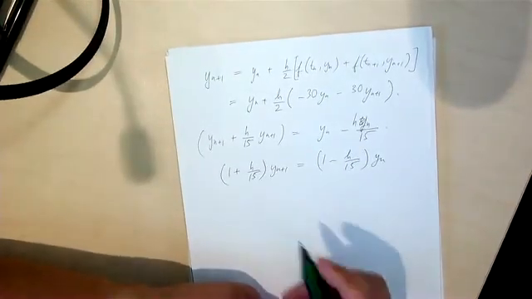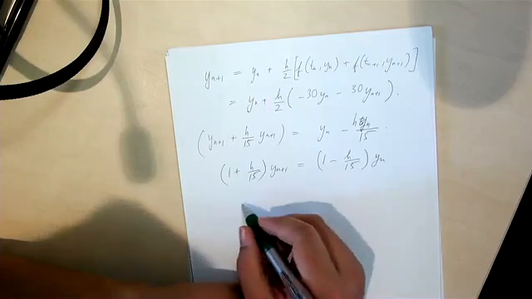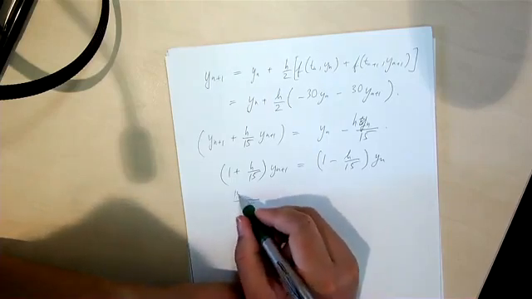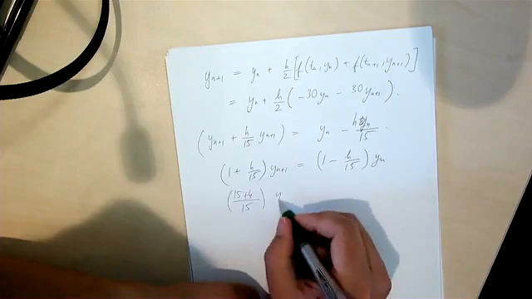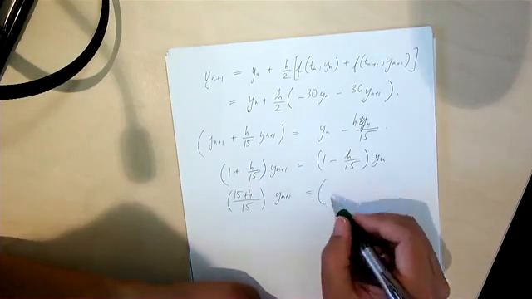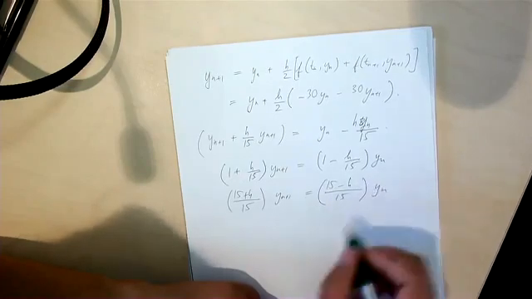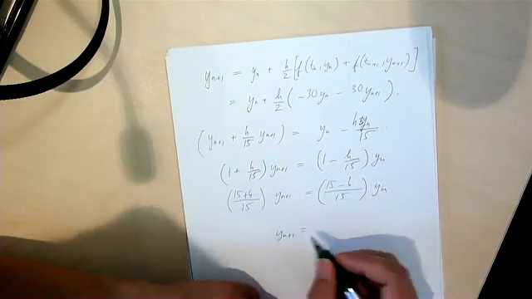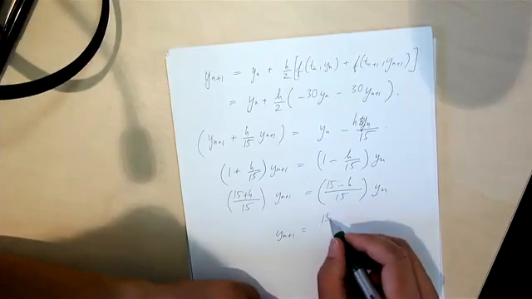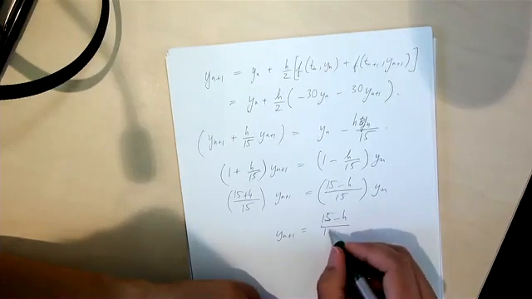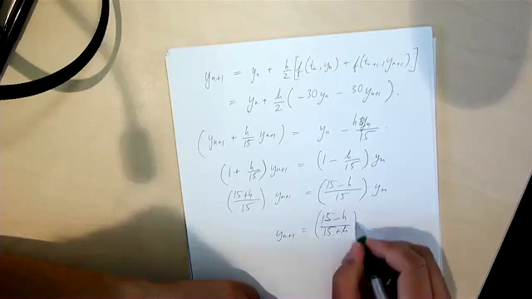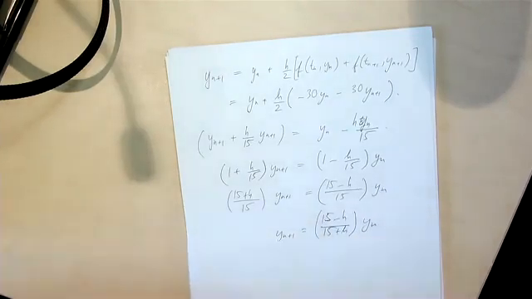Right? And so this one is 15 plus h, yn plus 1, 15 minus h, 15 yn. So yn plus 1 will be 15 minus h over 15 plus h, yn. Okay? So you're solving the equation easily. And then you do it iteratively.